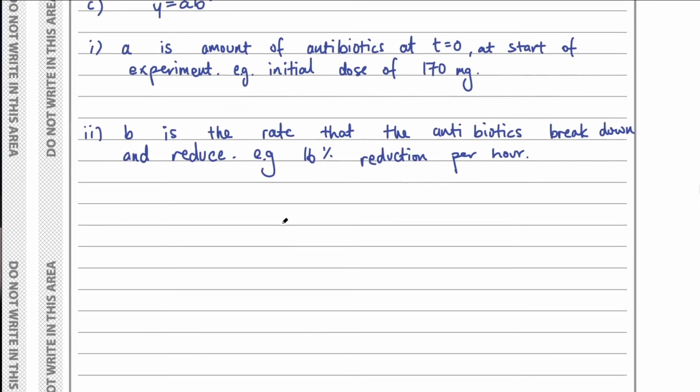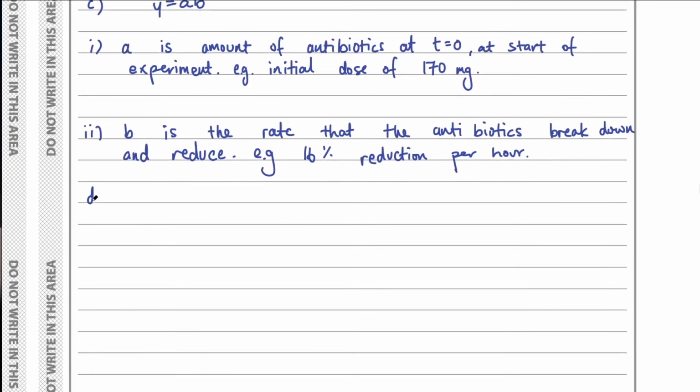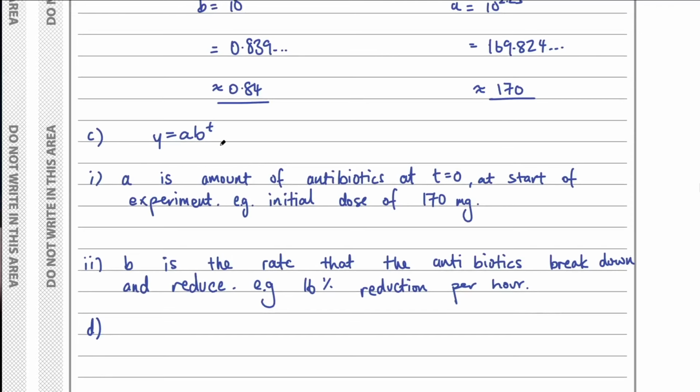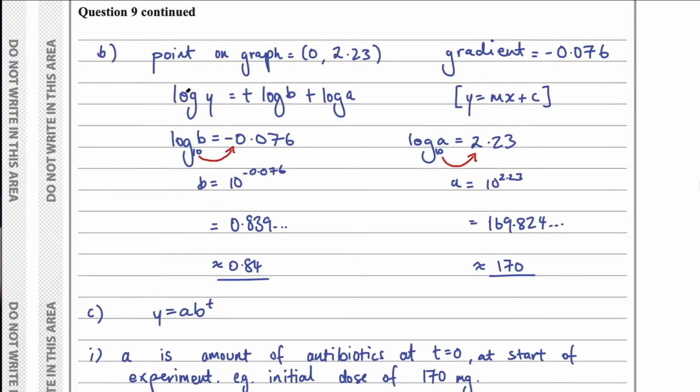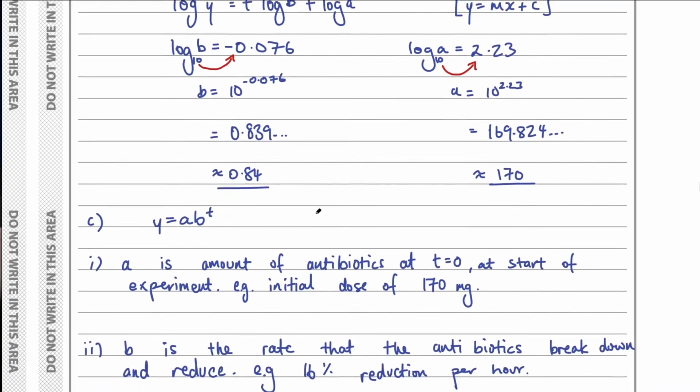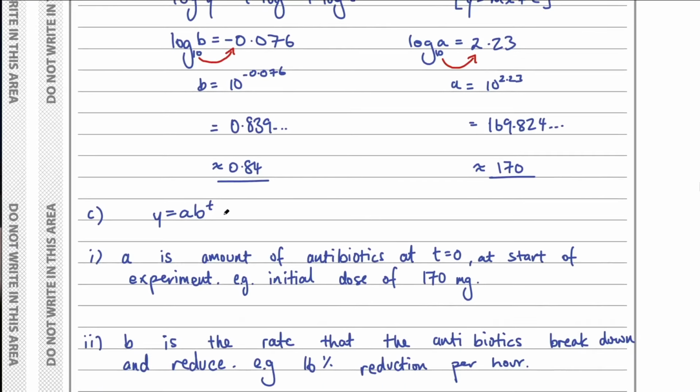So for part D, now I guess you could use y equals A B to the power T, or the log equation with the logs in it. I feel that this may be easier with using the log equation, because then we won't have a power. It will just be basically linear in effect.